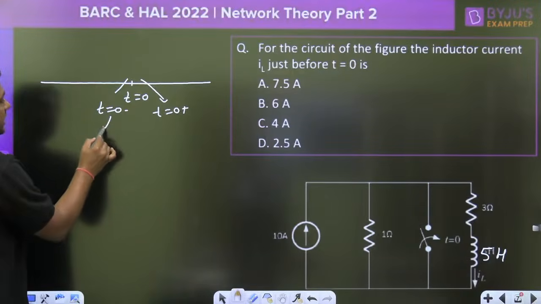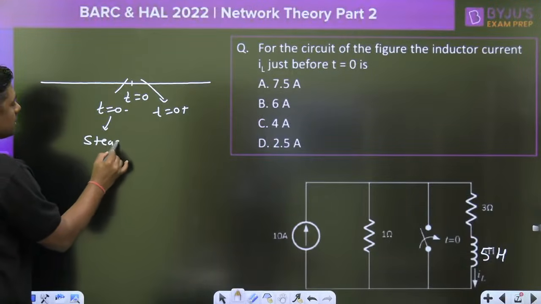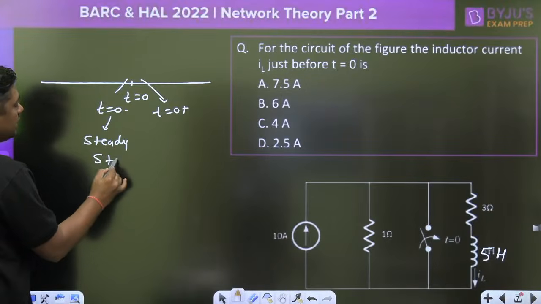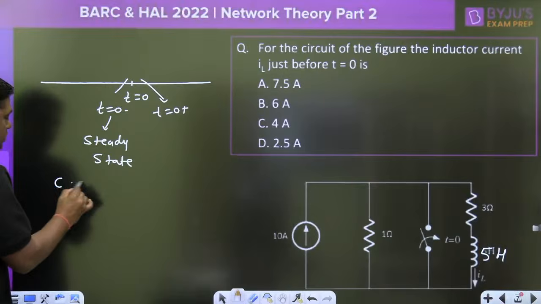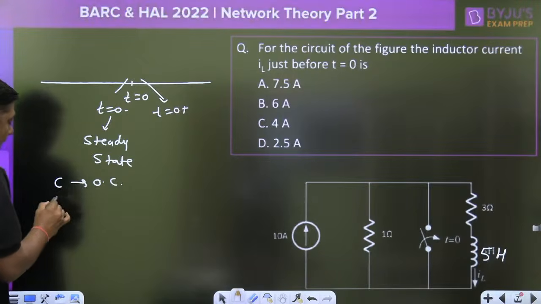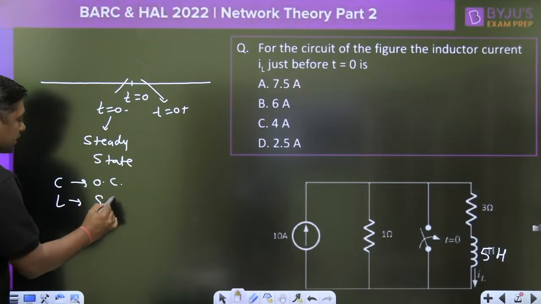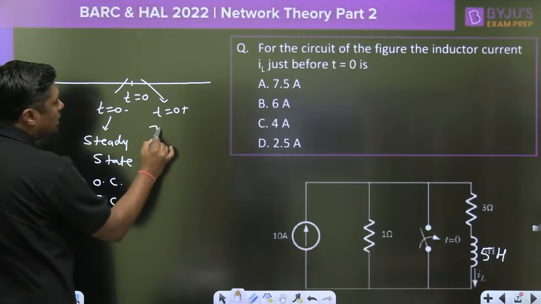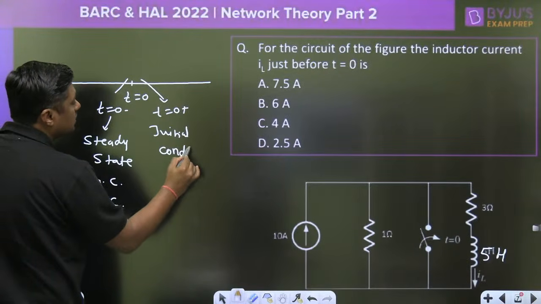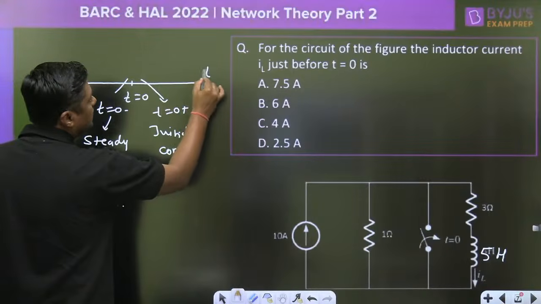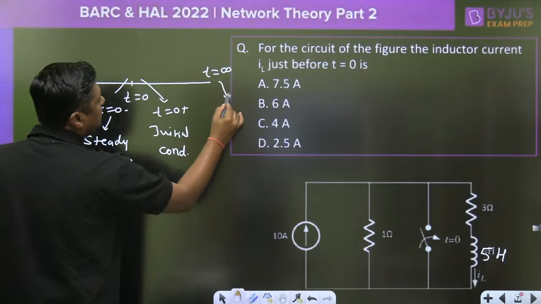At 0 negative the circuit is in steady state, and for steady state, capacitor acts as open circuit and inductor acts as short circuit. This point is called the initial condition. And at t equal to infinite, again the circuit reaches steady state.